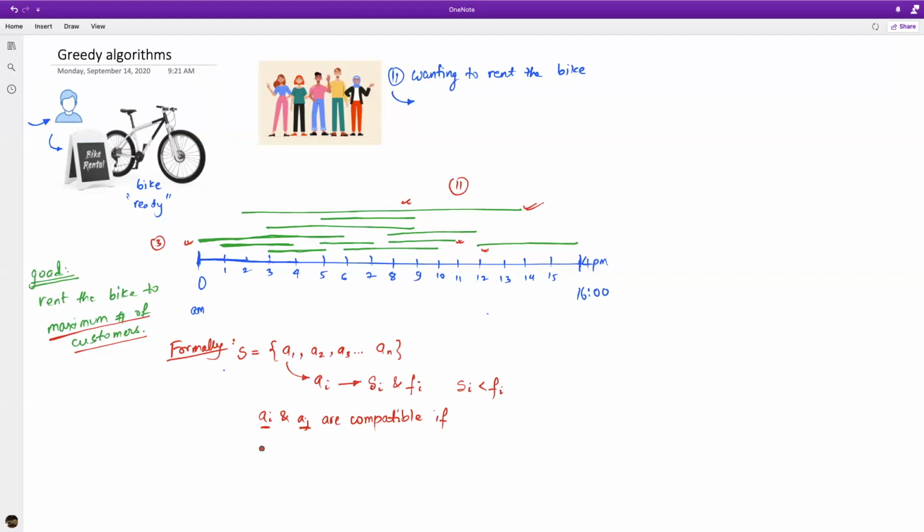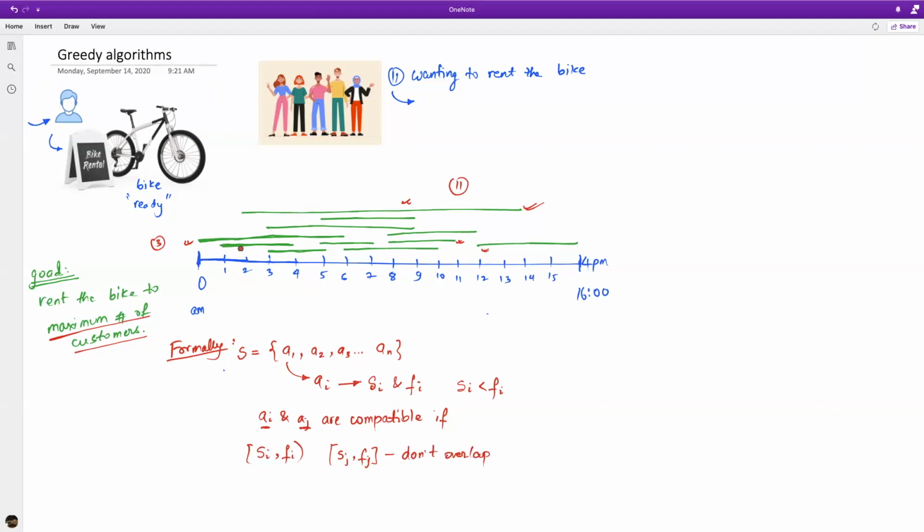So Ai may have an interval that goes from Si to Fi, and Aj may have an interval, for example, Sj to Fj. If these two don't overlap, then we say that these two activities are compatible.